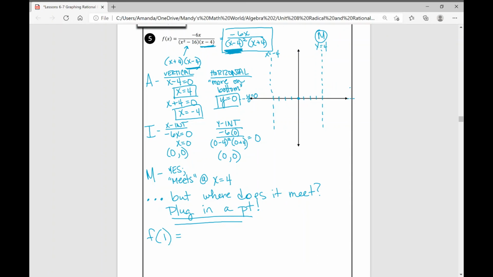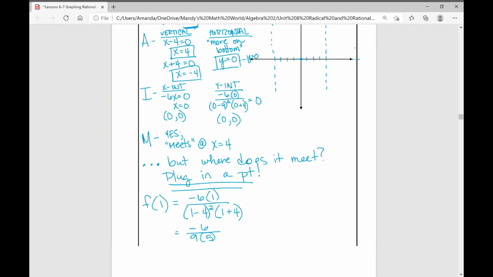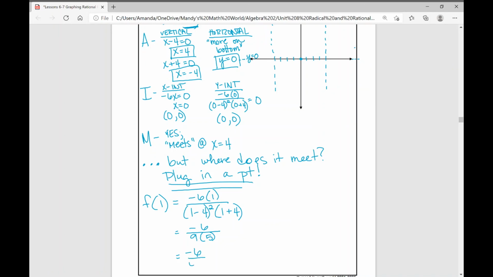So if I were to plug in 1 in this function, that would be negative 6 times 1 over (1 minus 4) squared times (1 plus 4), which becomes negative 6 over, let's see, that's negative 3 squared, that's 9, times 1 plus 4 is 5, which is, if I were to rewrite it again, negative 6 over positive 45, which I could divide by 3 and simplify to negative 2 divided by 15.